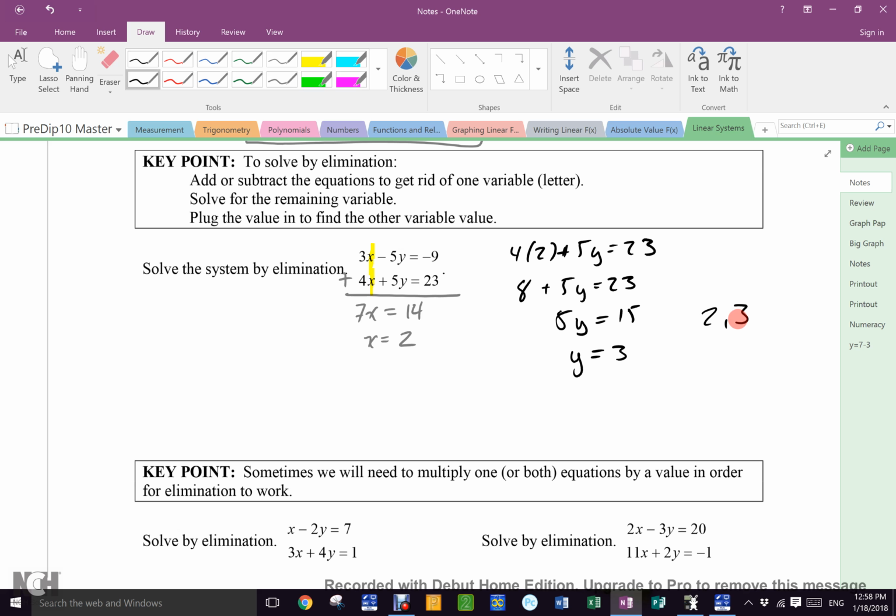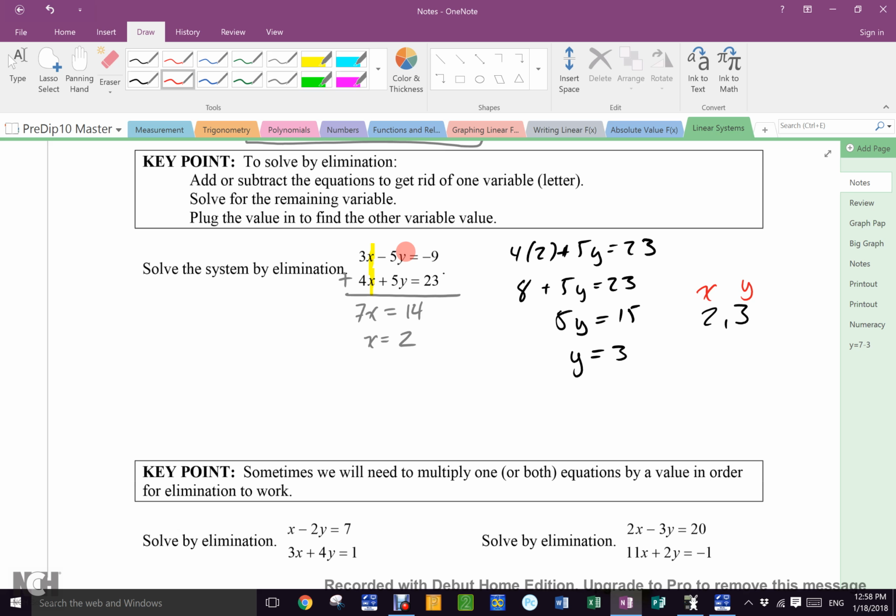Why are you able to check? Because you have an x and a y. What's 3 times 2? 6. What is 5 times 3? 15. What is 6 minus 15? Negative 9. Done. Everybody good?